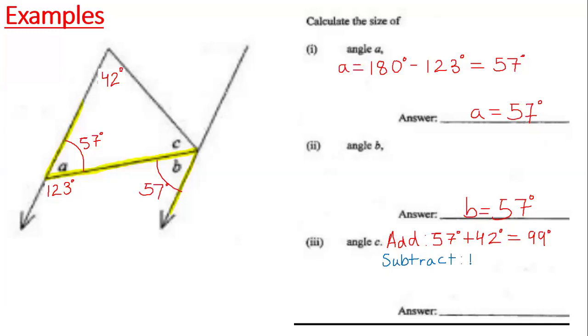So we have 180 degrees minus 99, which equals 81. That's going to be equal to 81 degrees. So 180 minus 99 is 81, and that means that C is equal to 81 degrees. All right. Anyone got all three of these right?